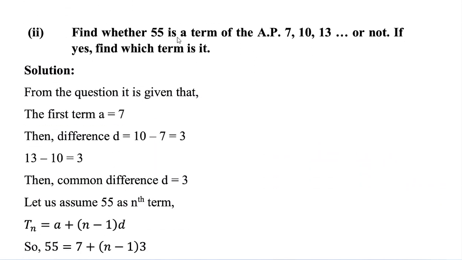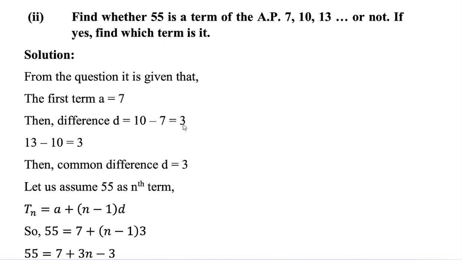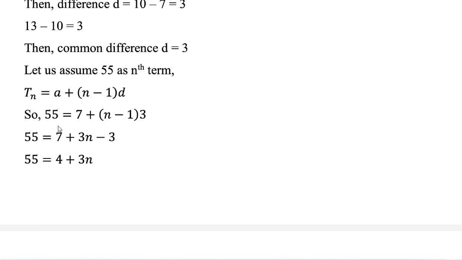Find whether 55 is a term of the AP or not. If yes, find which term it is. So A is equal to 7. Common difference 10 minus 7 will be 3. So we know the values of A and D. Let's assume that the nth term is 55.